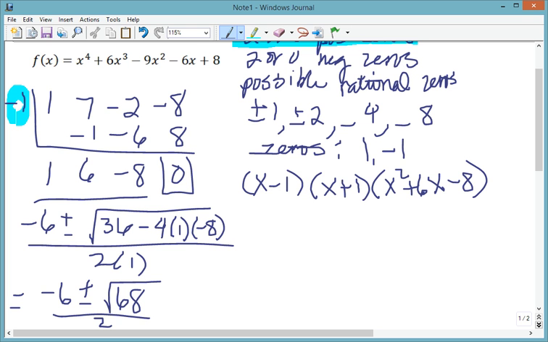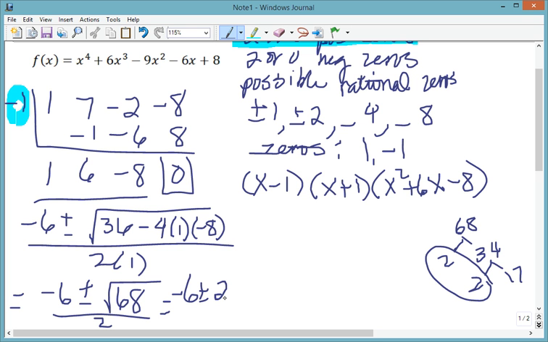And 68 can factor. If I have 68, I know that 2 goes into it 34 times, and 2 goes into that 17 times. Alright, so I have 2's that will come out. 17 stays under.